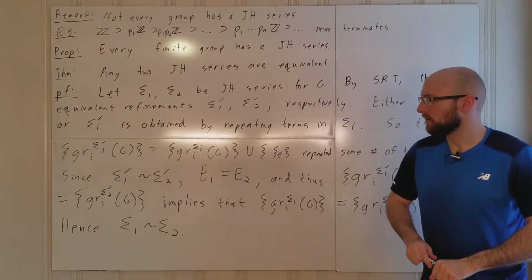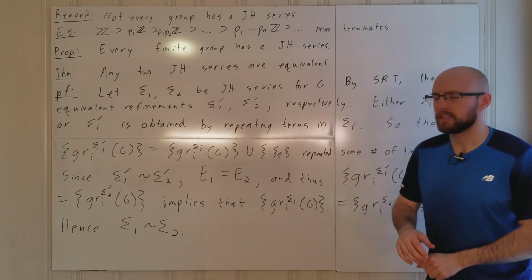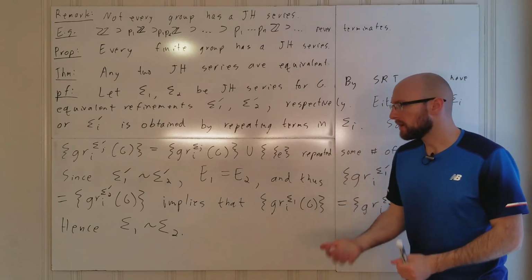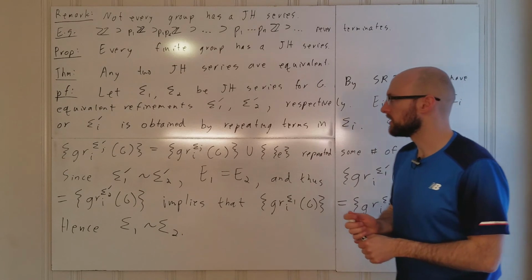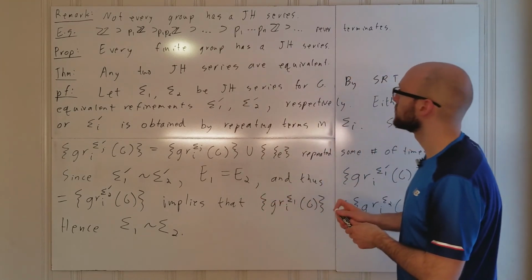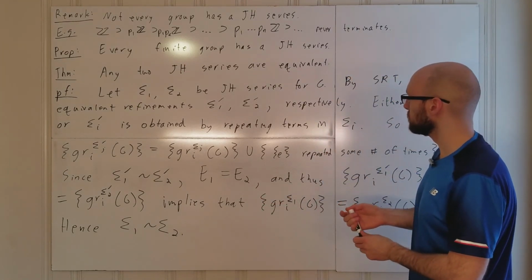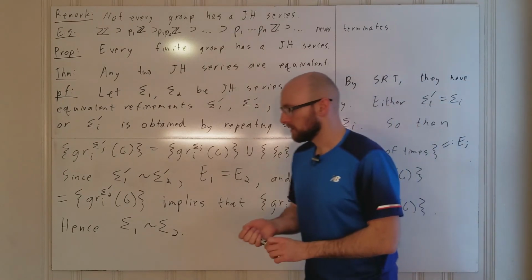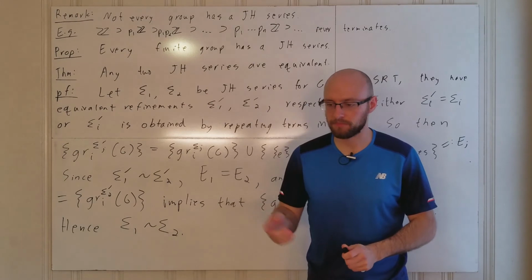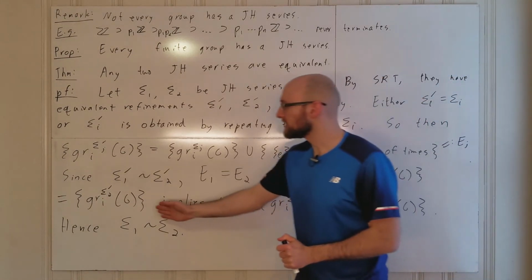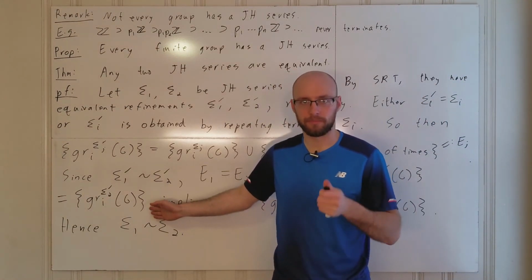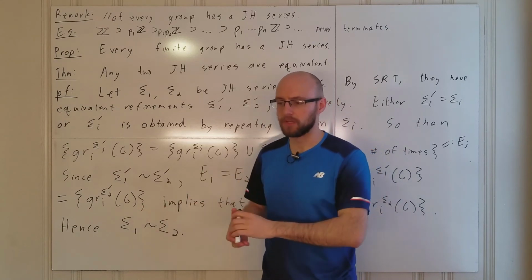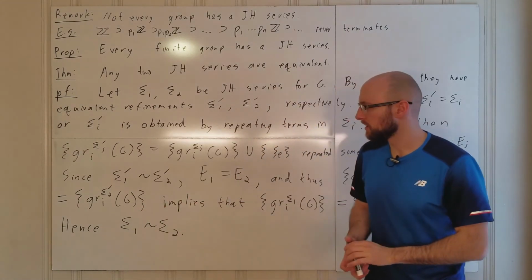And so this is really useful, and this also kind of shows why I prefer to work with the definition of a Jordan-Holder series, meaning that any graded piece is simple, because looking at the graded pieces tells you a lot of information about the composition series.